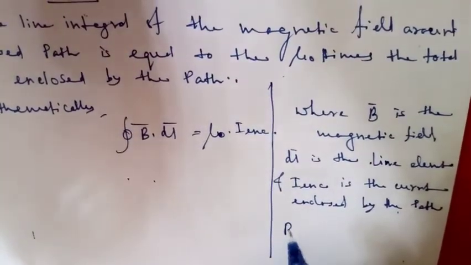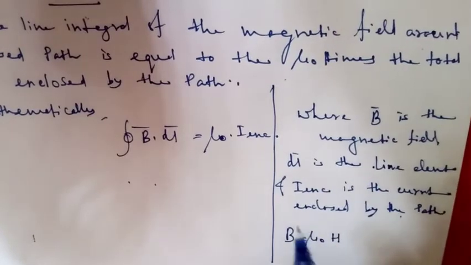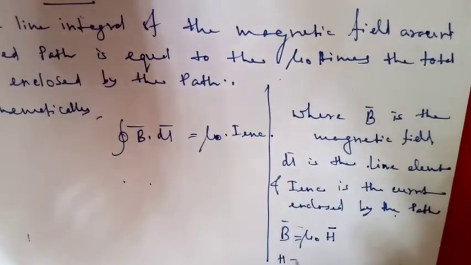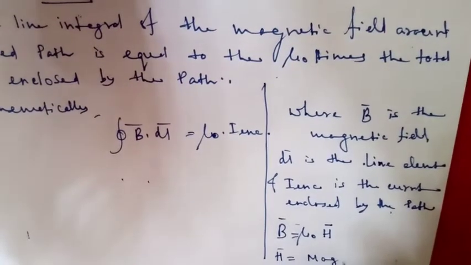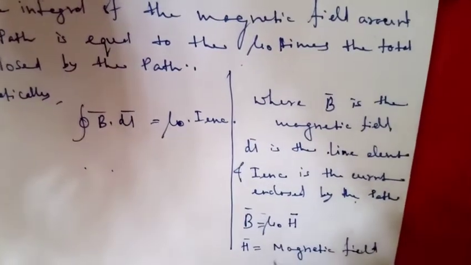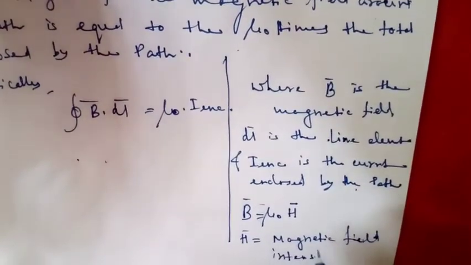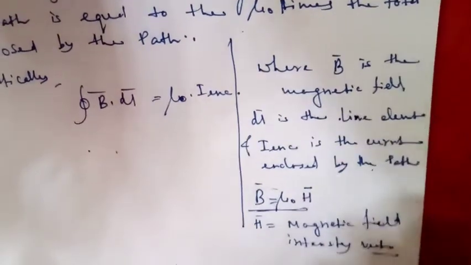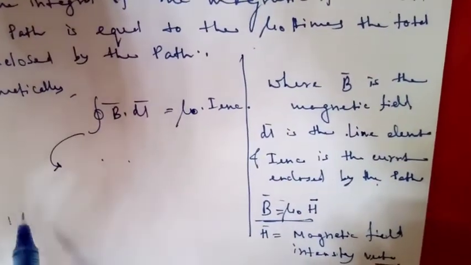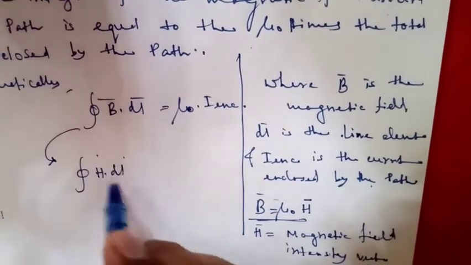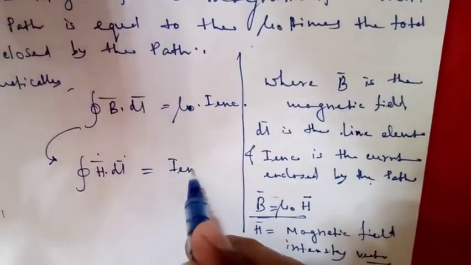We all know B equal to mu naught into H, where H is the magnetic field intensity vector. If we use this relation, then the mathematical form of Ampere's circuital law becomes closed integral H dot dl equal to I enclosed.